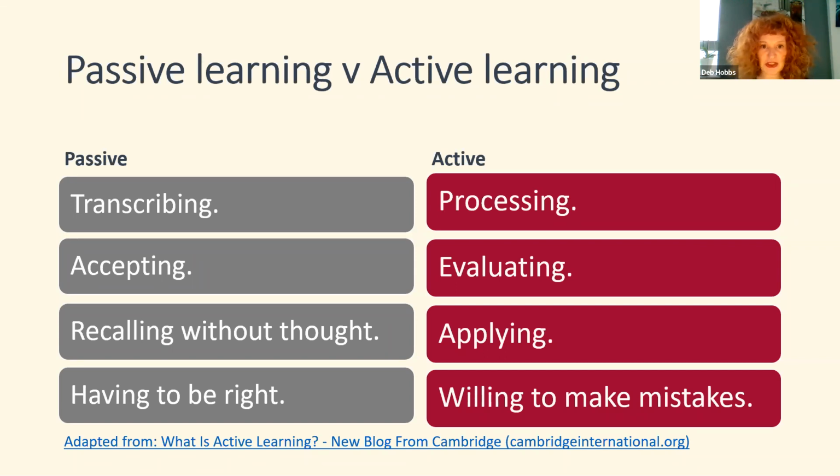Recalling, so a lot of students, they can repeat a correct answer, but they can't always then apply the language in a meaningful way. Some students, as we know, perhaps have a fear of not being right, so they have to be right. I was the same when I was studying. And a more active learning way is to be willing to make mistakes and to develop your learning.